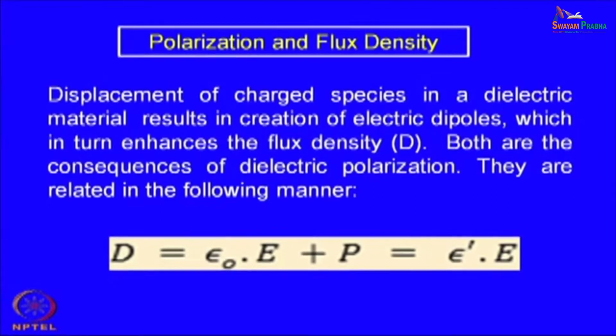P is called the polarization. So, dielectric displacement D is equal to epsilon naught E plus P, and that is nothing but epsilon prime multiplied by E. So, D equals epsilon prime E, and this is again equal to epsilon naught E plus P.